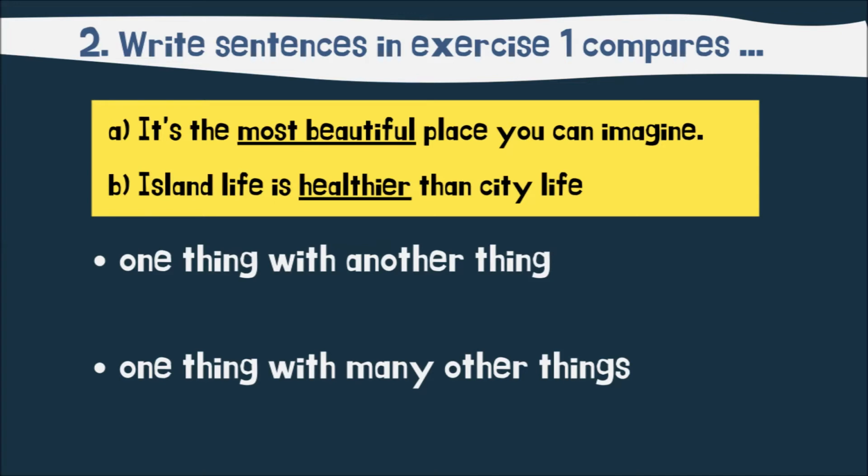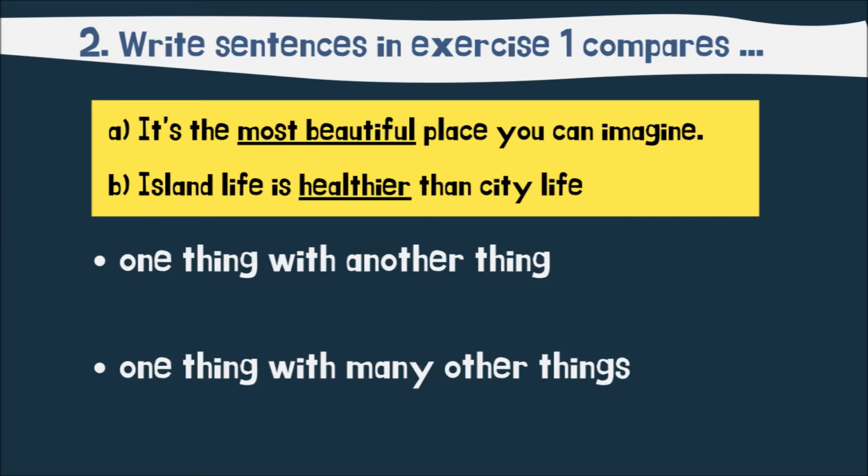Okay, look at question number 2. Write sentences in exercise 1 compares A and B. Okay, A is one thing with another thing, and B is one thing with many other things.